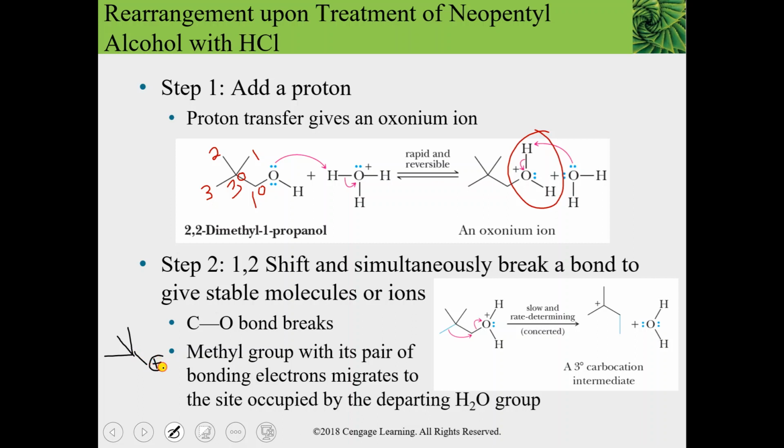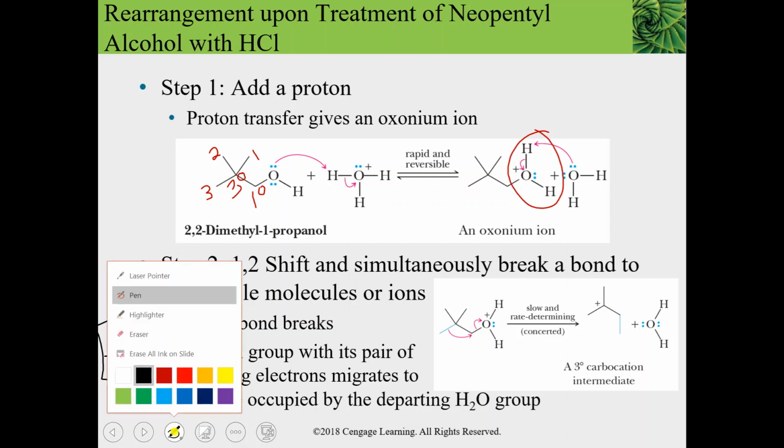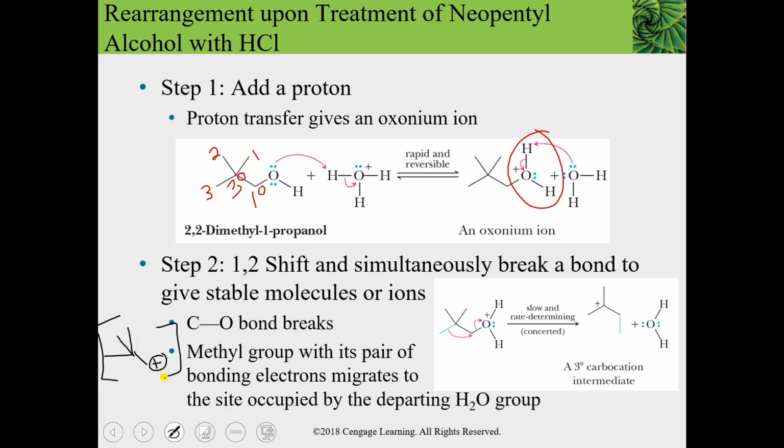Okay, that's where it is when the hydroxide group or the oxonium ion comes off. Because of that, a tertiary carbocation or a secondary is much more stable, significantly more stable.